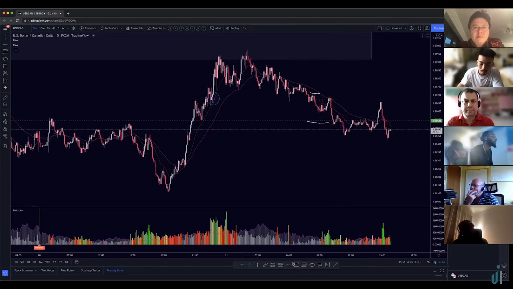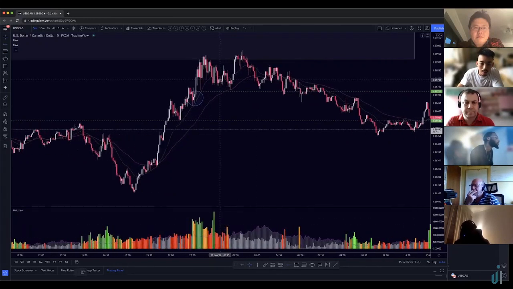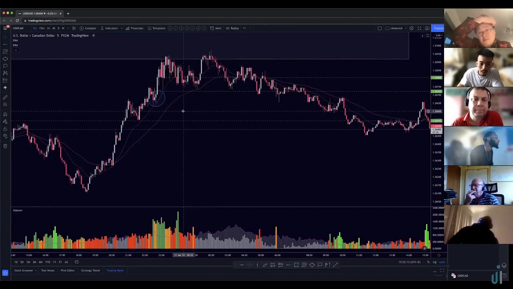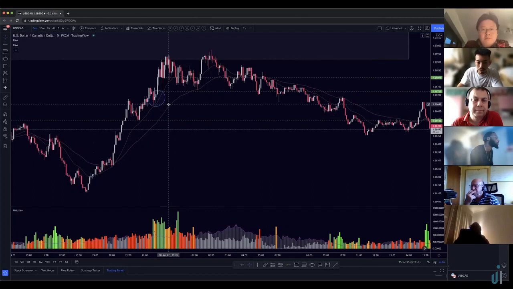Yeah. So you want to mark out the volumes here, like that. In this case, it gets tricky, right? Because the last swing towards the upside looks very big.